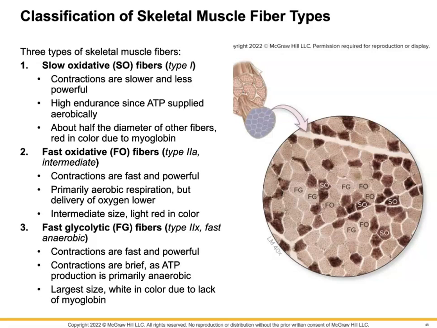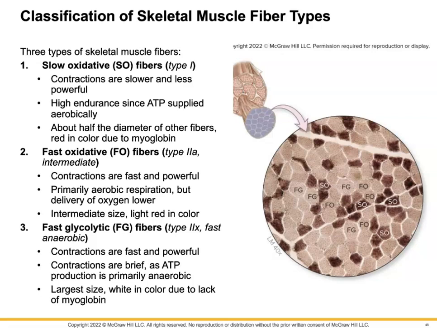They produce contractions that are slower and less powerful, but they can contract over long periods of time without fatigue. That's because ATP is supplied through aerobic cellular respiration, where we make more ATP. So these fibers usually appear dark red because of the large amount of myoglobin and mitochondria. Make a lot of ATP, right?